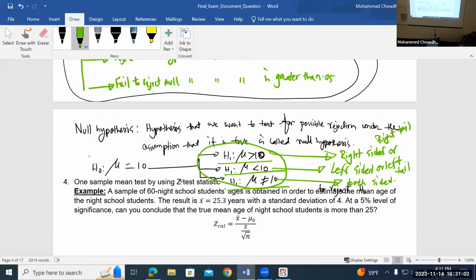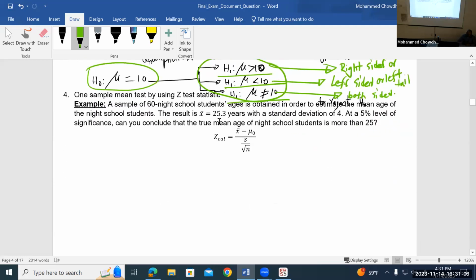Null hypothesis: by reading the question, you have to set up one of these 3. Number 1, H0: mu equal to, suppose, 20 and H1: mu is greater than 20. Number 2, H0: mu equal to 20 and H1: mu is less than 20.